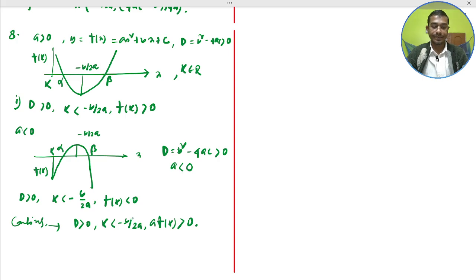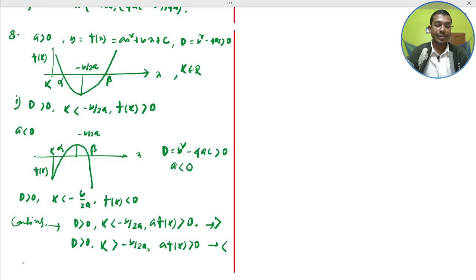This is the combined relation for both the roots to be greater than a real number k. And for both roots less than a real number k, it should be D greater than 0, k greater than minus b by 2a, and a f(k) must be positive. So this is the condition of greater than and less than a real number k.